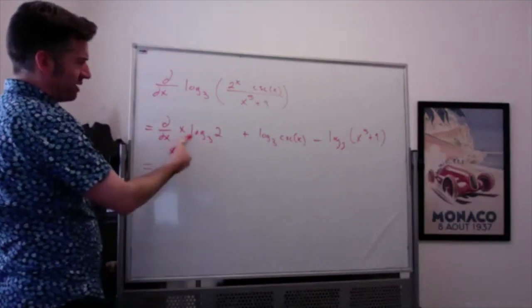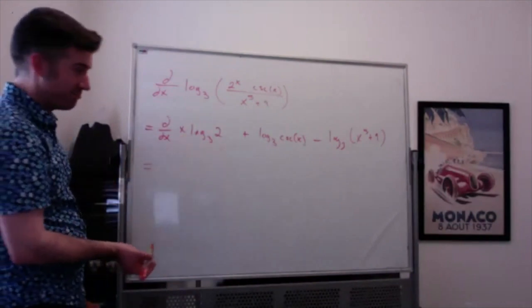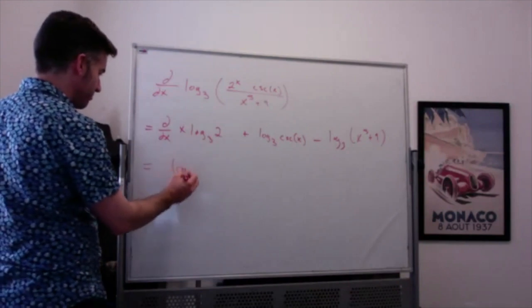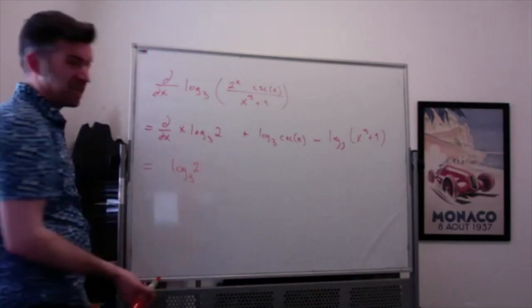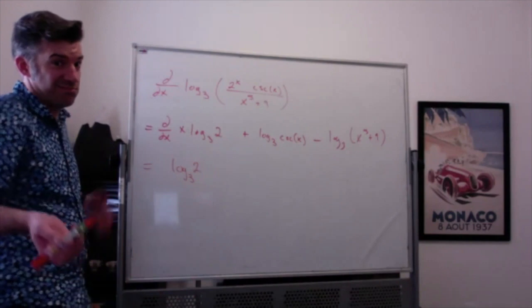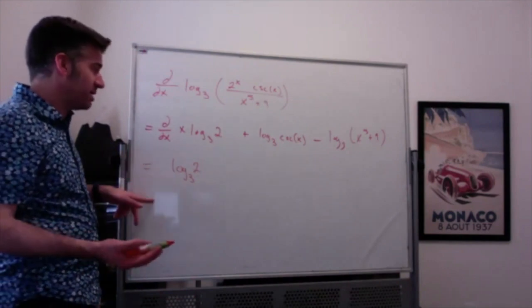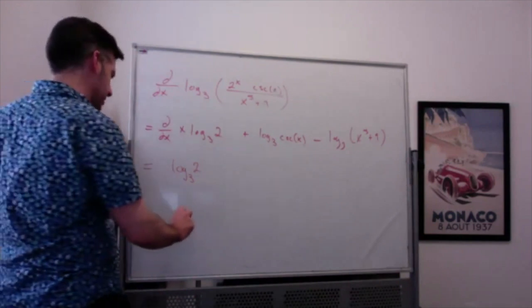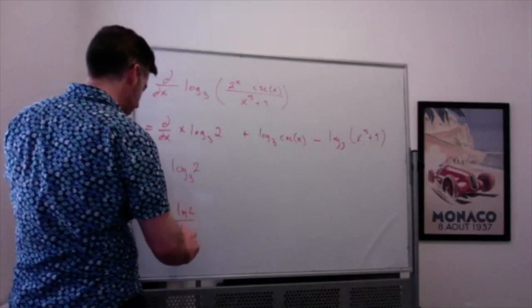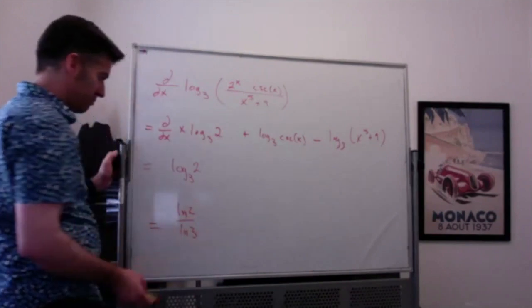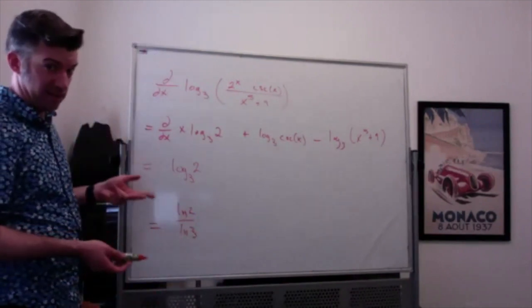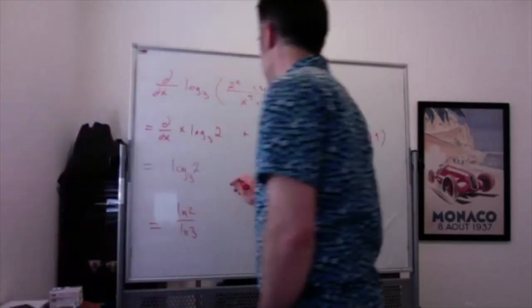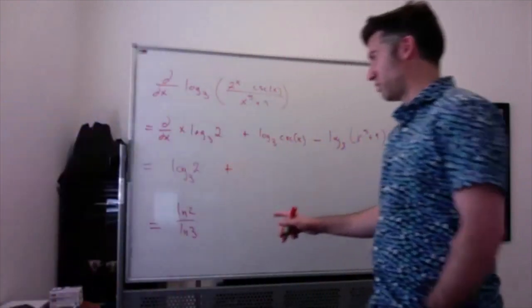What's the derivative of x times a constant? It's the constant. That's it. You could rewrite this if you want as the natural log of 2 over the natural log of 3, but you still just get that constant. Here, we're going to be a little bit more circumspect.